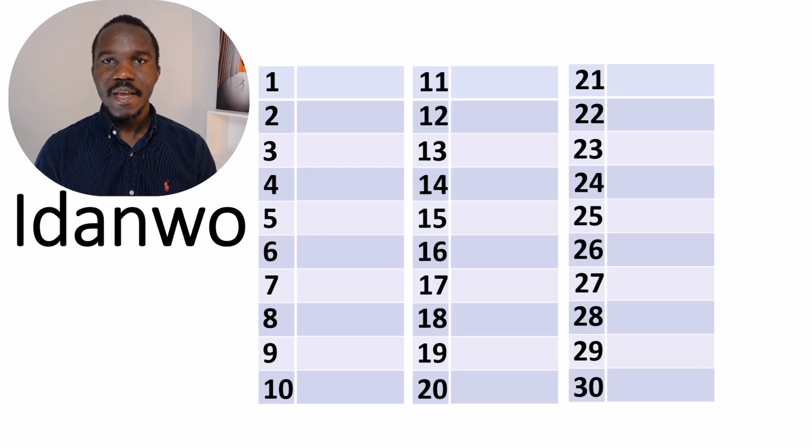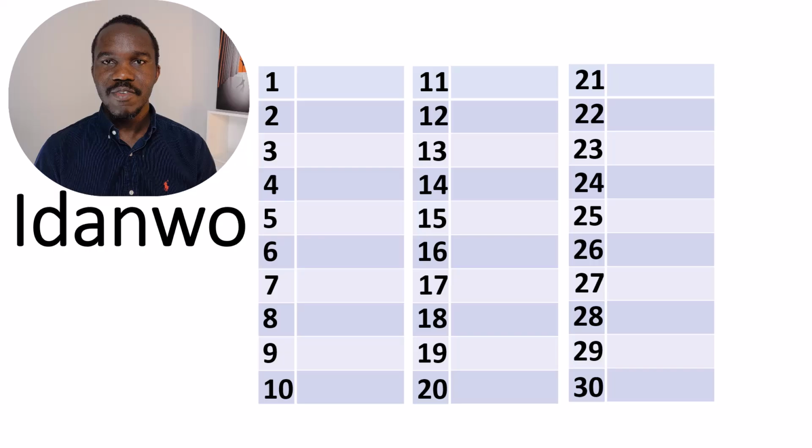Twenty says A. Twenty-one says D. Twenty-two says Fi.